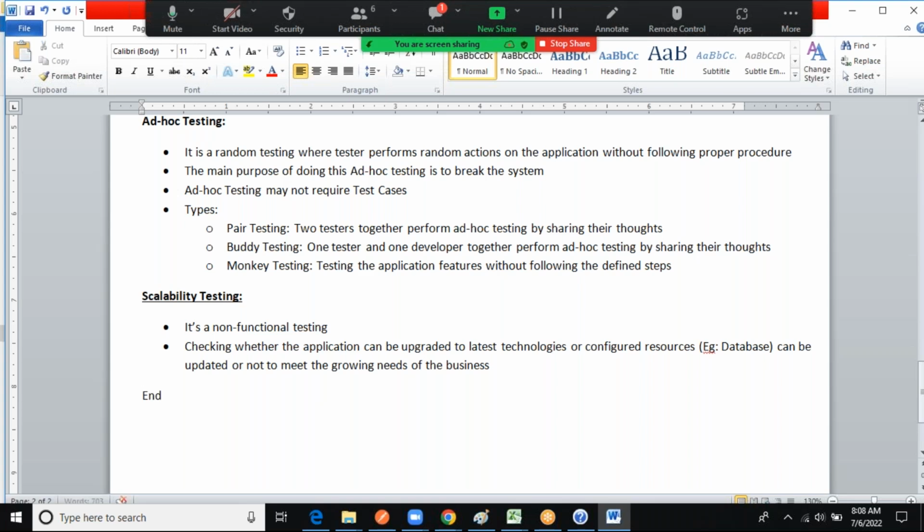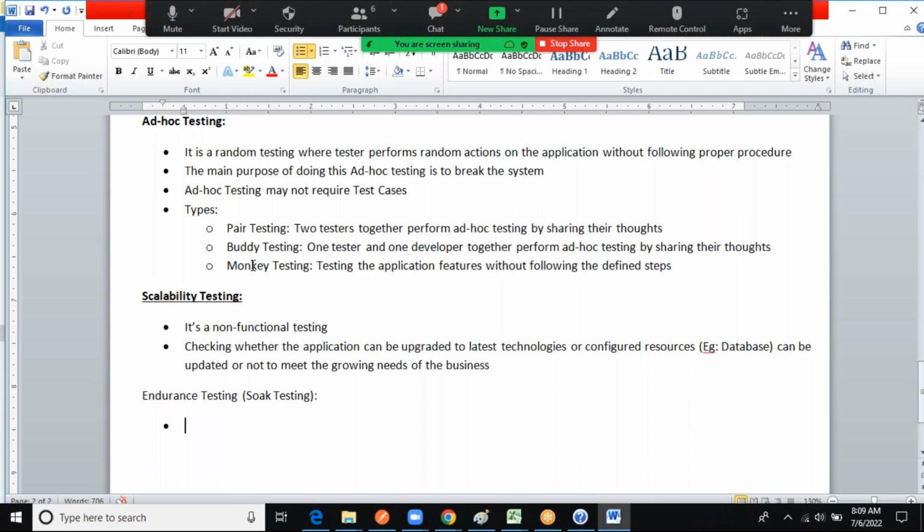Okay, endurance testing, also called soak testing. What does it mean? When I was explaining performance testing, I talked about load.